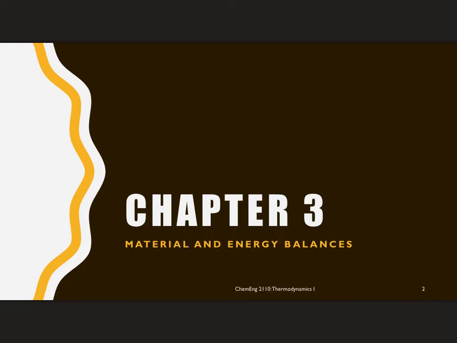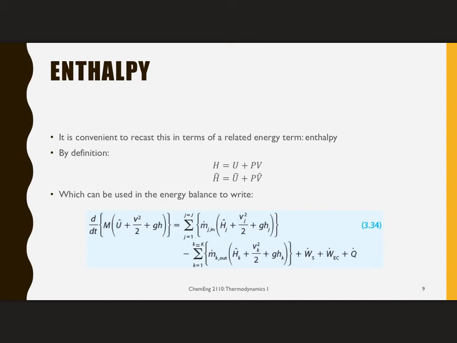We are studying Chapter 3 of the Dahm and Visco Thermodynamics textbook on material and energy balances, and we're looking at examples of steady flow processes and the energy balance necessary for those. As a reminder, we've developed a general form of the energy balance that uses enthalpy for the flowing stream's total energy.